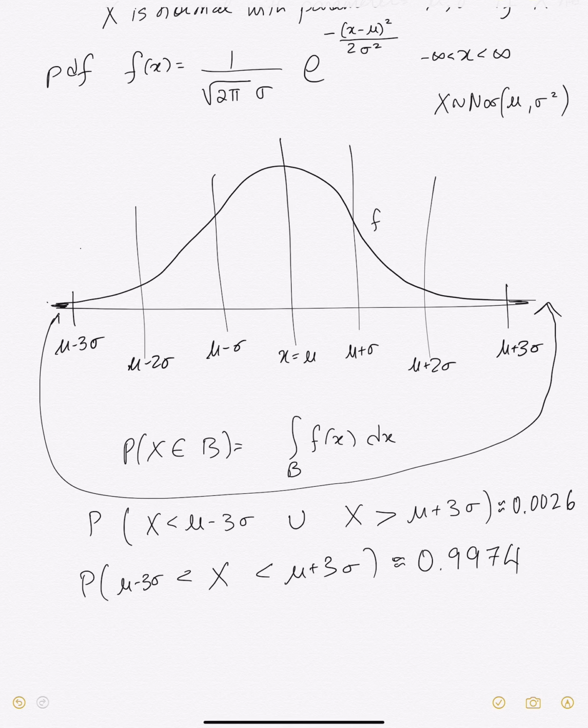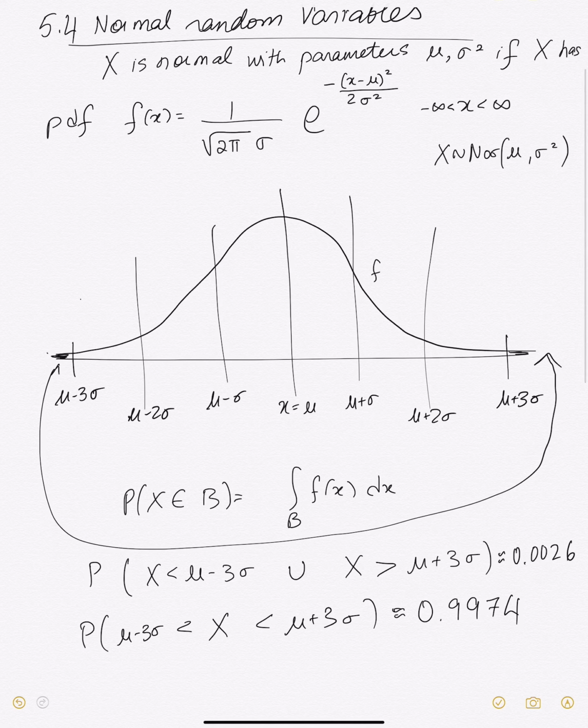So what do we need to do? First and foremost, we need to check that this is a proper density function. What do you need for a density function? One, you need that it's non-negative, which it clearly is. If sigma is positive, where sigma is the positive square root of sigma squared, or if you write it as the square root of 2 pi sigma squared, automatically you're talking about positive square roots.